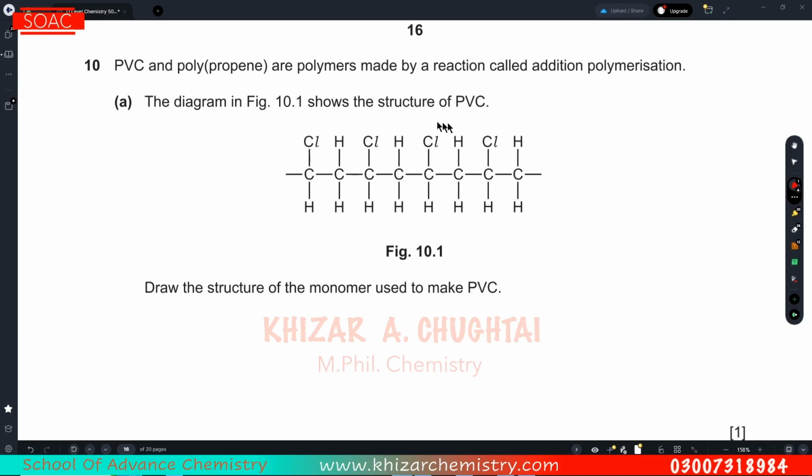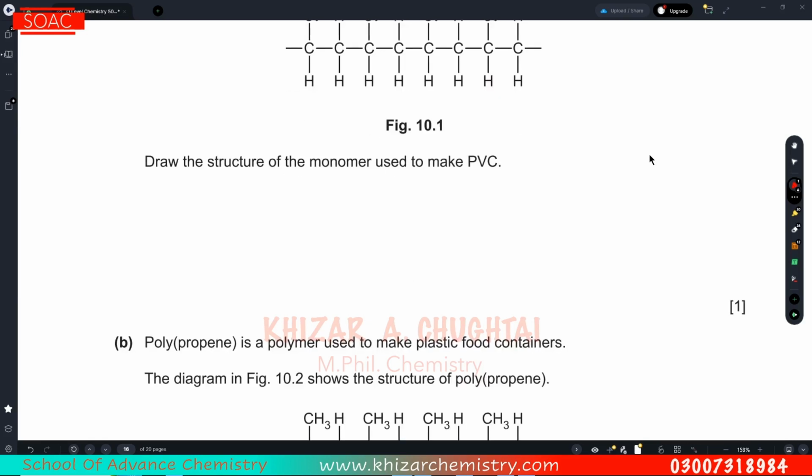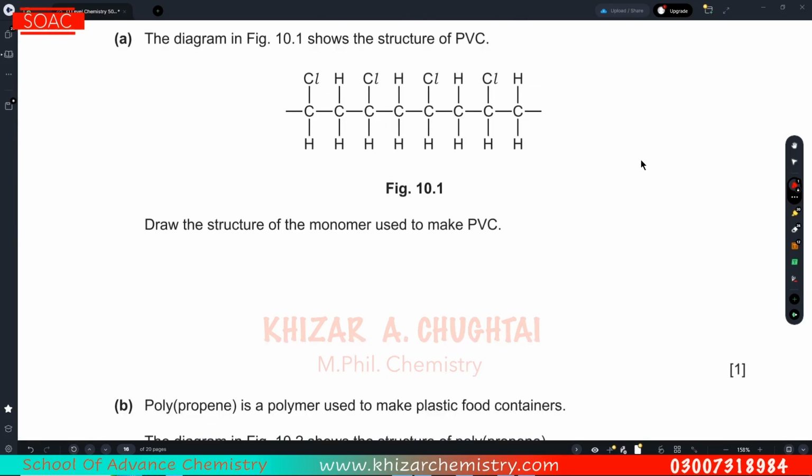PVC and polypropylene are polymers made by the reaction called addition polymerization. Diagram 10.1 shows the structure of PVC. Draw the structure of the monomer used to make PVC. There is a simplest way: just reverse this continuous line of continuation.